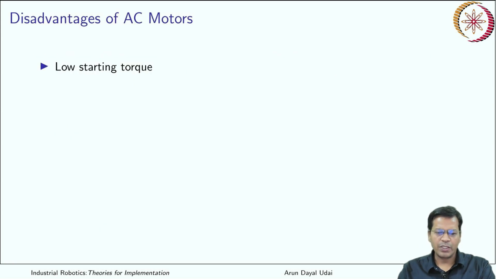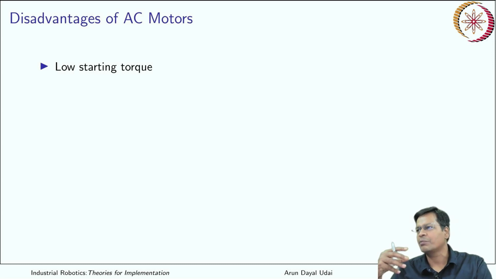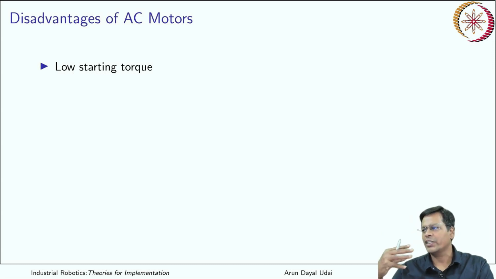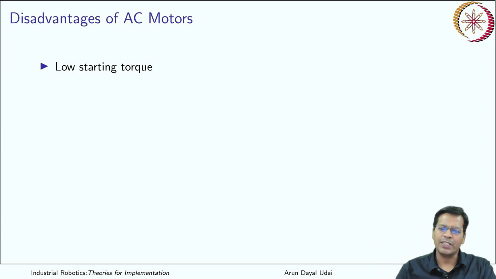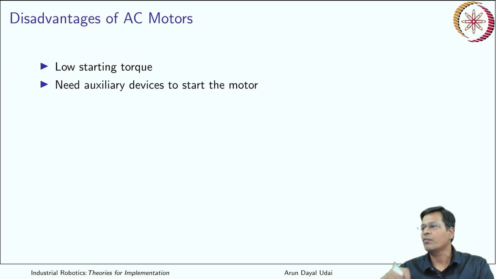Now let us look at the quick disadvantages of AC motors. They have a little less starting torque, so it finds some difficulty in starting. Otherwise, if it is running, you can continuously keep it running. Starting-wise, it needs some kind of auxiliary device to start the motor.